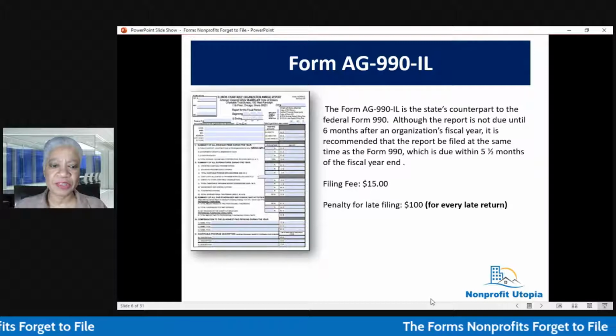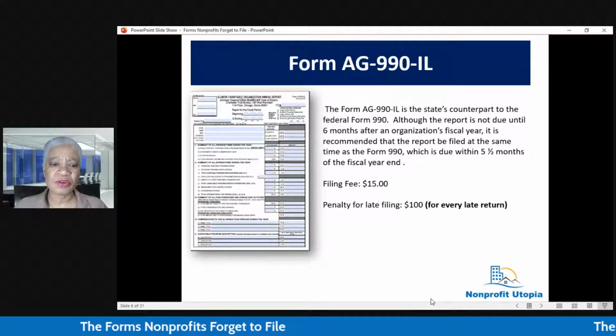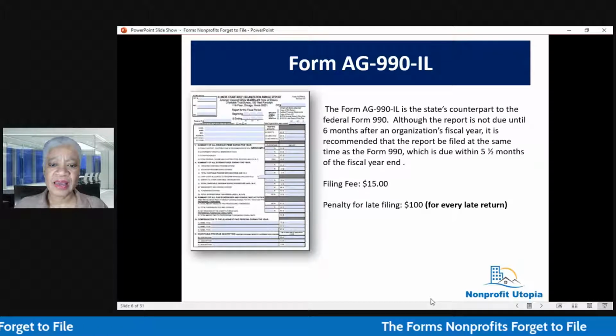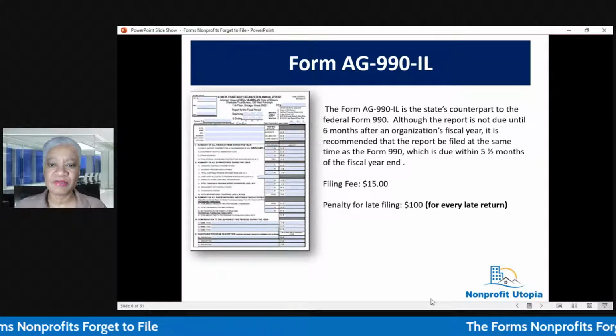And here is a picture of the form. And basically what this is, financial disclosure. It's very summarized information. And this is due at the same time that you do the Form 990 on the federal level.